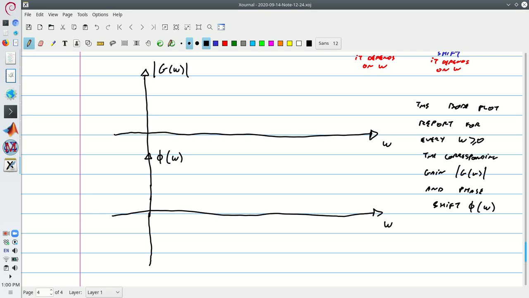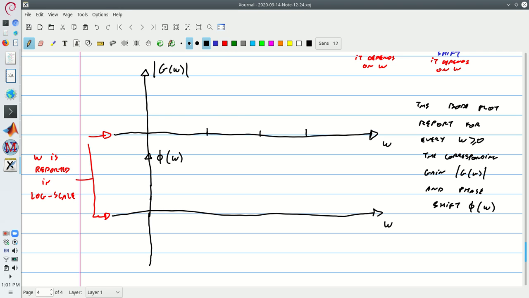So the way it's typically represented, instead of reporting omega in a linear scale, where you have omega equal to 1, then omega equal to 2, omega equal to 3, all equally spaced, omega is reported in logarithmic scale. What does that mean?